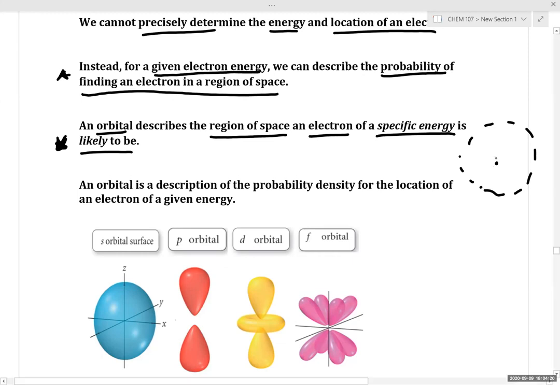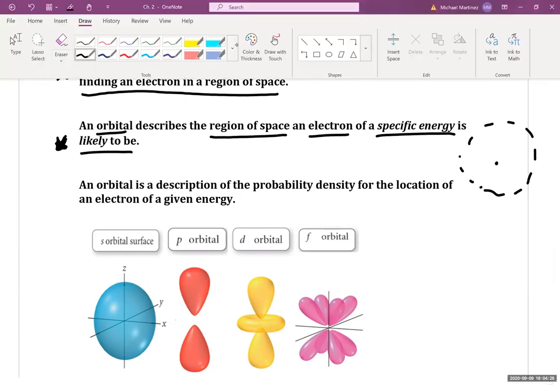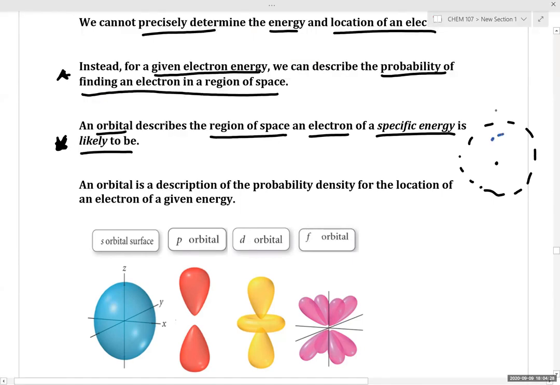It's this idea that somewhere in this region of space, your electron is likely present. So an orbital essentially says, in this region of space, your electron of a very specific energy is likely present. Does that make sense to everyone?